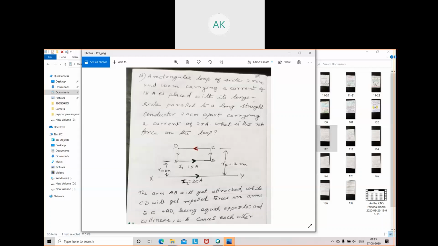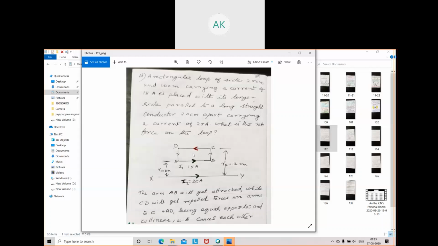The conductors BC and DA are at equal distance from the conductor, and the currents flowing are in opposite directions. One is upwards, one is downwards, and they are equidistant from the conductor XY. So these conductors will experience force, but the forces will cancel because they are equal and opposite.